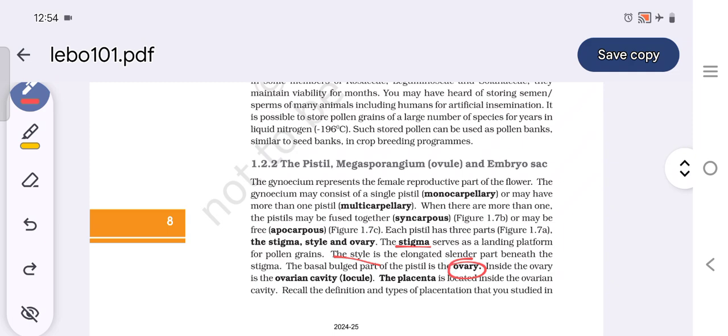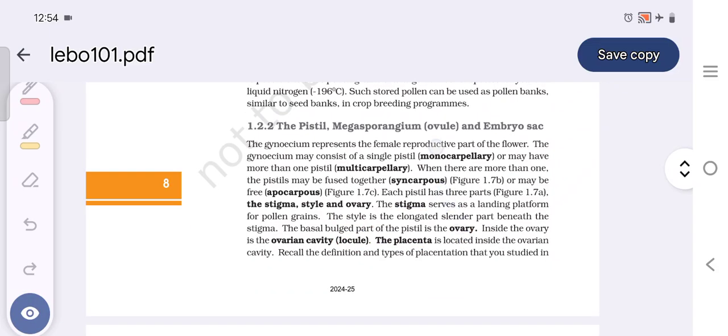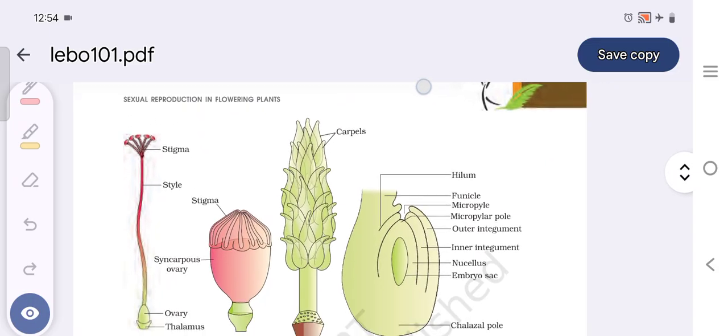Each ovary has locules, locules meaning different compartments, and the placenta, right? Going back to 11th standard, they have the placenta. It is the attachment of ovule to the ovary. So that's regarding the basic things.